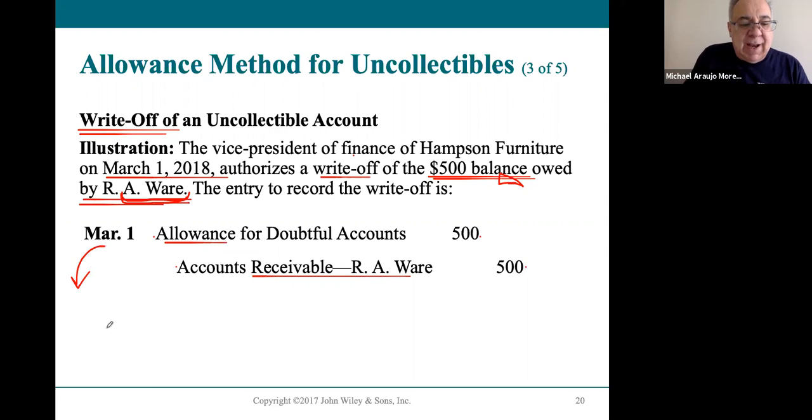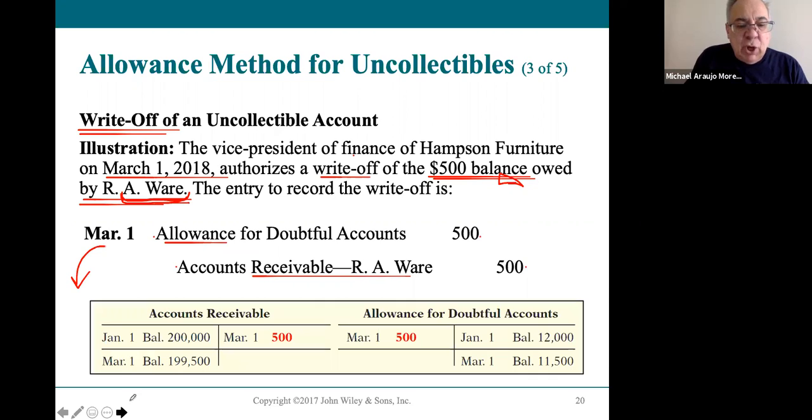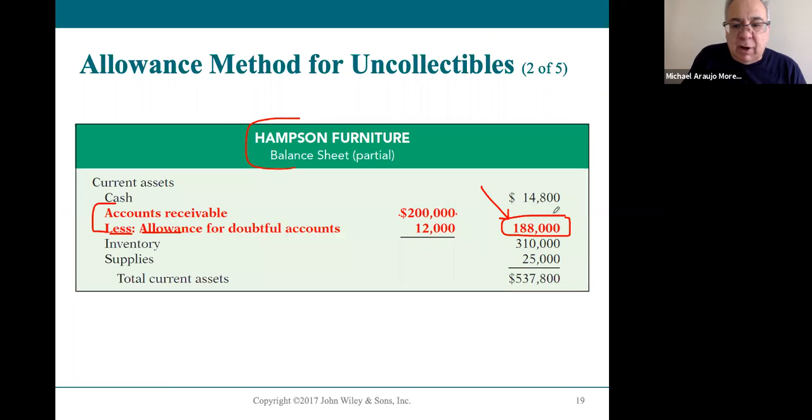Now, when that gets posted to the ledger, you'll see that the allowance for doubtful accounts and the accounts receivable account have been affected by that $500. But notice the balance of $199,500 minus the allowance for $11,500 doesn't change the fact that the total was $188,000.